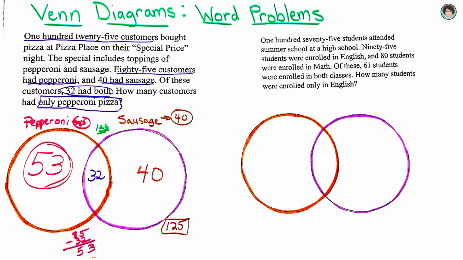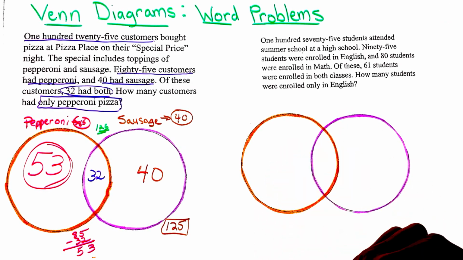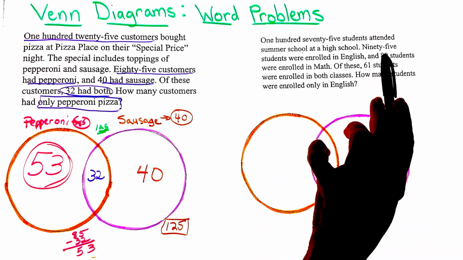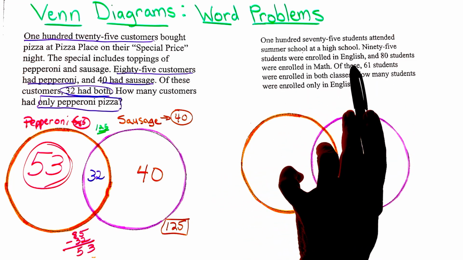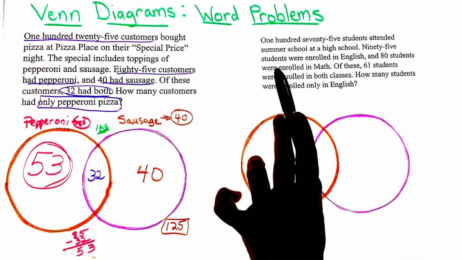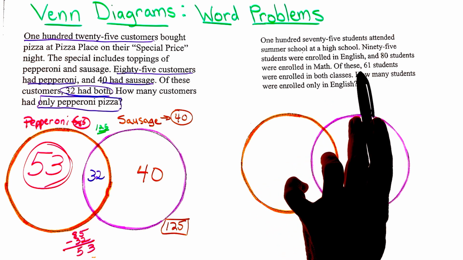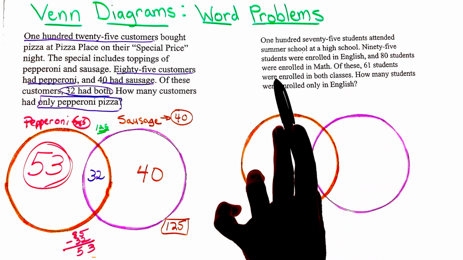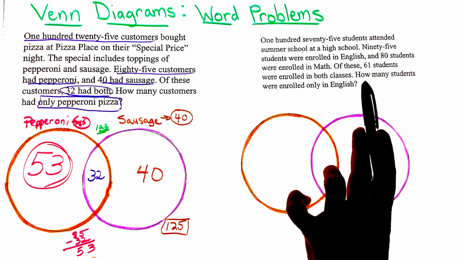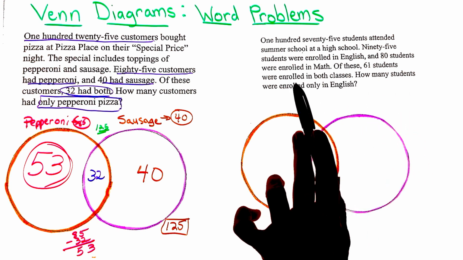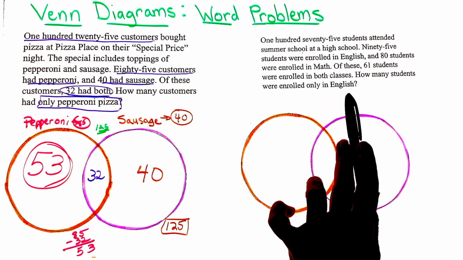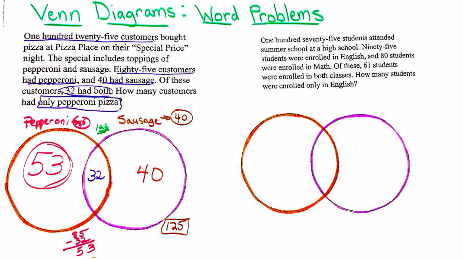All right, so let's look at the next problem that we have. It says 175 students attended summer school at a high school. 95 students were enrolled in English and 80 students were enrolled in math. Of these, 61 students were enrolled in both. How many students were enrolled only in English? So now again, let's go ahead and we're going to mark our text.